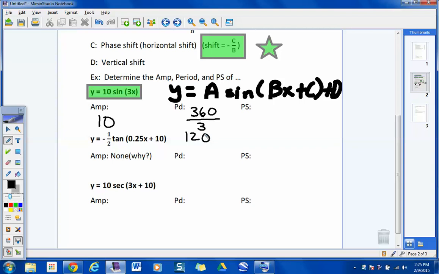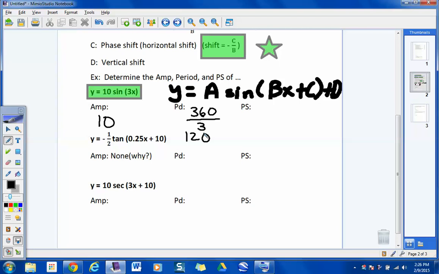A phase shift. What does it say your phase shift is? Which variable affects phase shift? Basically, it says C and what? B. That says the phase shift left or right is the opposite of C divided by what here? B. Well, guys, is there a C value in parentheses with the 3x? What is that C value really then equal to? 0. So this would really be 0 divided by what?